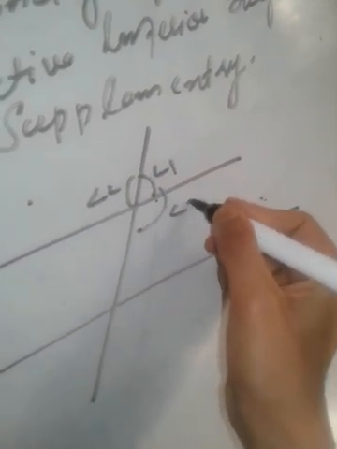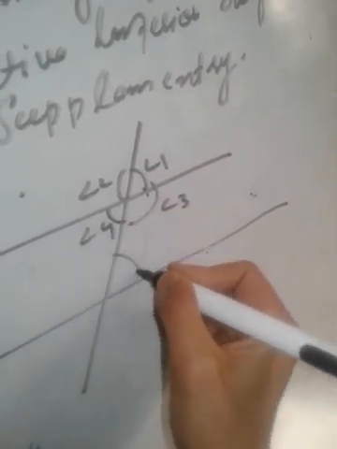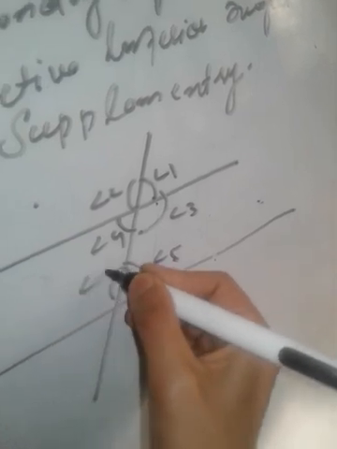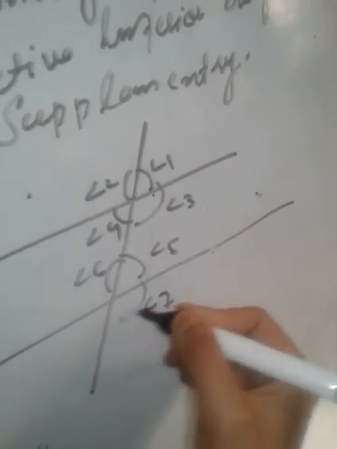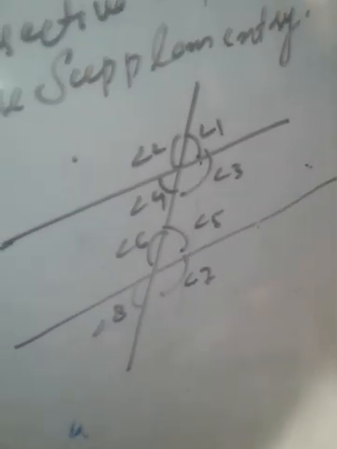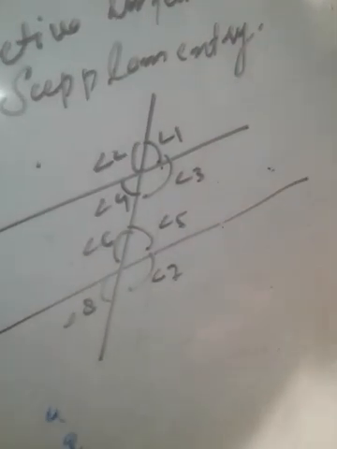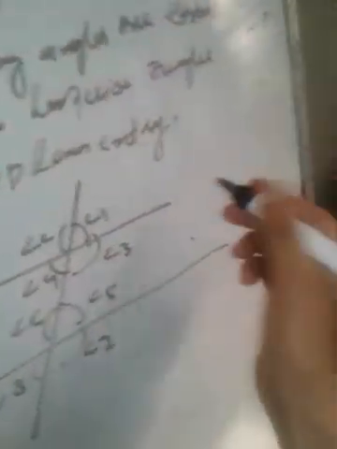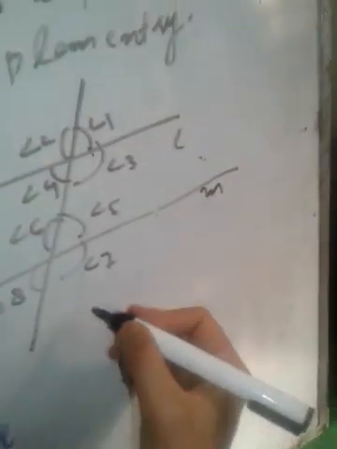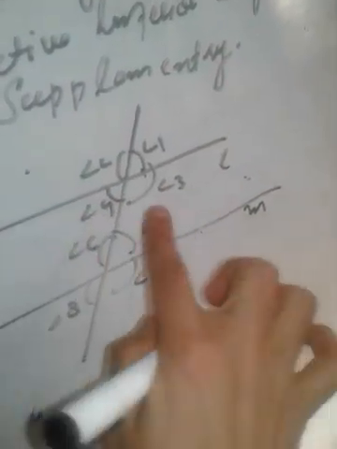Here we have angle 1, angle 2, angle 3, angle 4, angle 5, angle 6, angle 7, angle 8. First property is that alternate interior angles are equal. L is parallel to M.